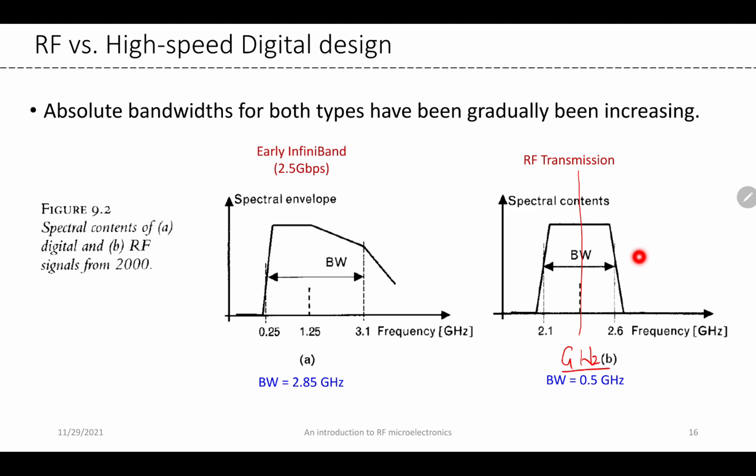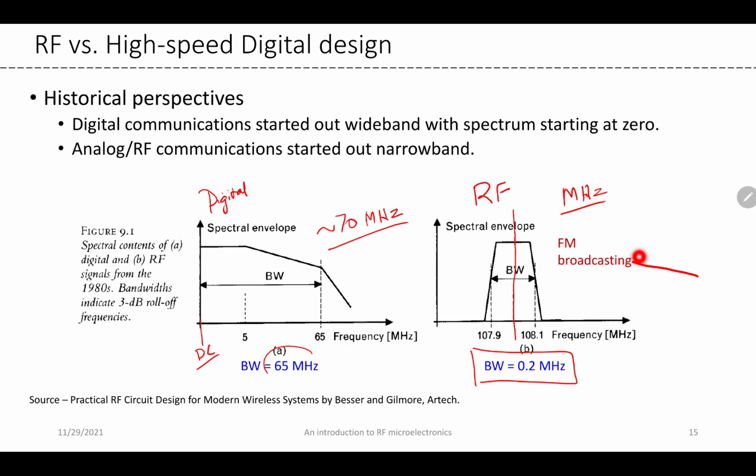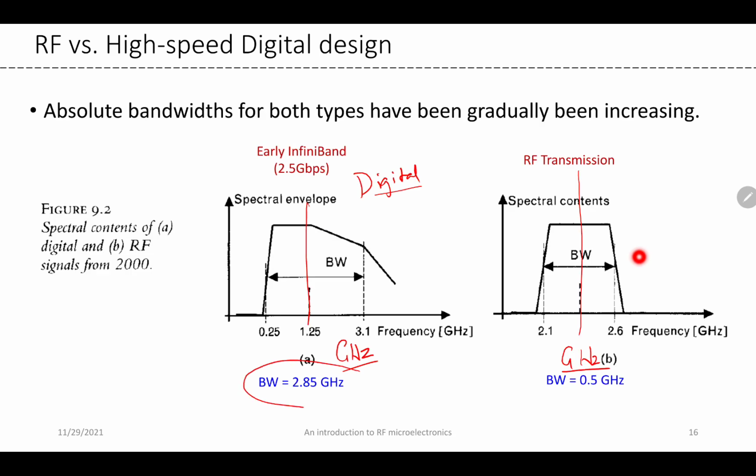And even for digital systems, we have moved to the gigahertz band, and the bandwidth in both cases has now spread out. Earlier it used to be a few megahertz or a few kilohertz. Now for both cases it is a few gigahertz.